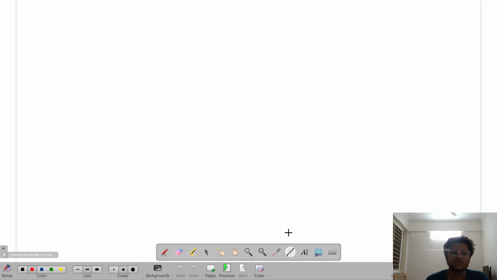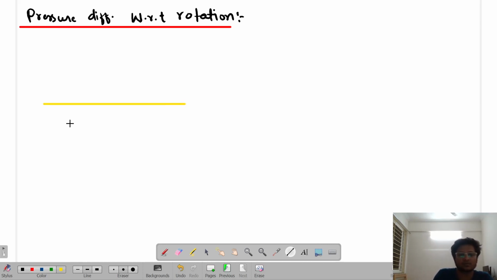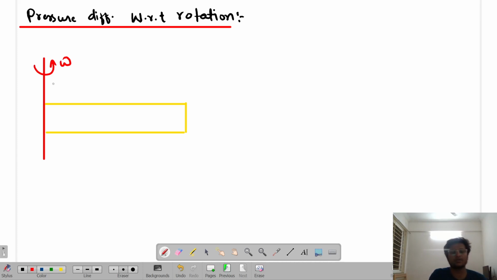Now you know that pseudo force can also be brought about with the help of rotation, so you can find some pressure difference with respect to rotation also. Let's suppose I consider any kind of container in which some liquid is filled, and I'm rotating this container with some angular velocity omega.